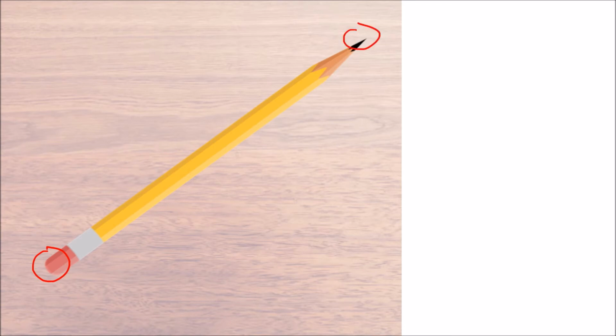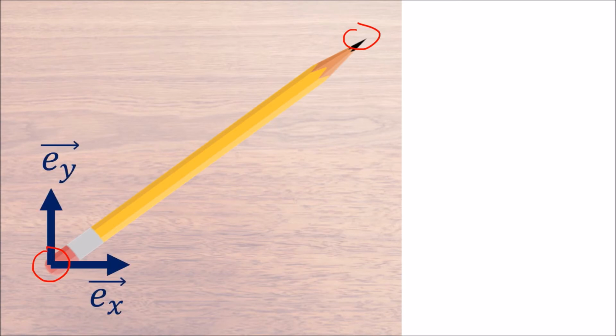The basis vectors we'll use are called Ex and Ey. You may have heard of these vectors before, but called by other names, such as x hat and y hat, or maybe i hat and j hat. But their names aren't really important. Ex gives us 1 unit of distance in the horizontal direction, and Ey gives us 1 unit of distance in the vertical direction.